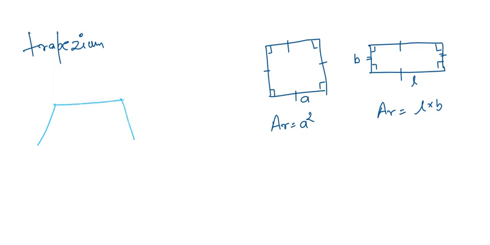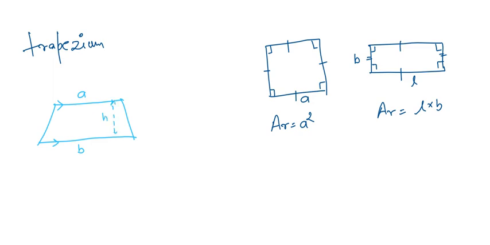It is basically a quadrilateral where you would find two parallel edges. Let one parallel edge be A, let another be B. A and B are parallel to each other, having a perpendicular distance of separation of h.